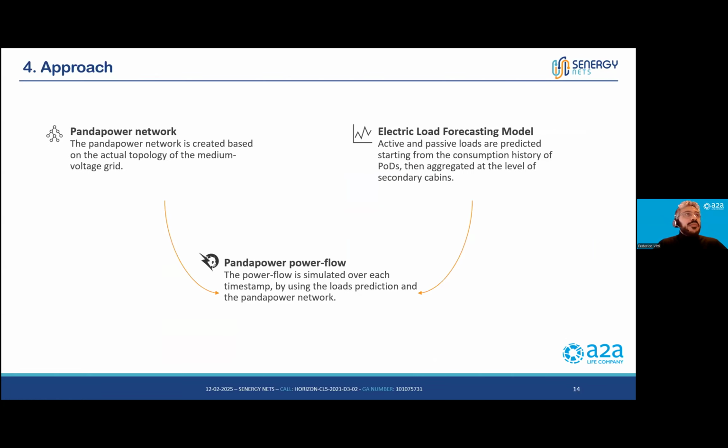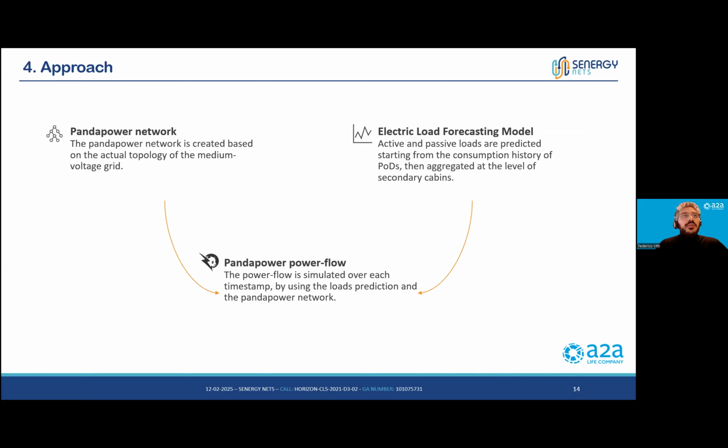So let's talk about the approach that we are following. In our approach, we can identify three main actors: the Pandapower network, the electric load forecasting model, and then the Pandapower power flow. Starting from the Pandapower network, it is how we model our grid into Pandapower objects.